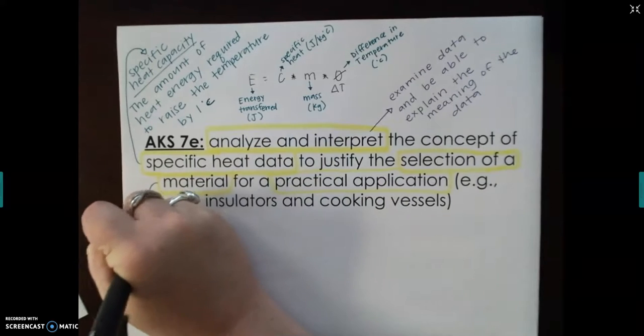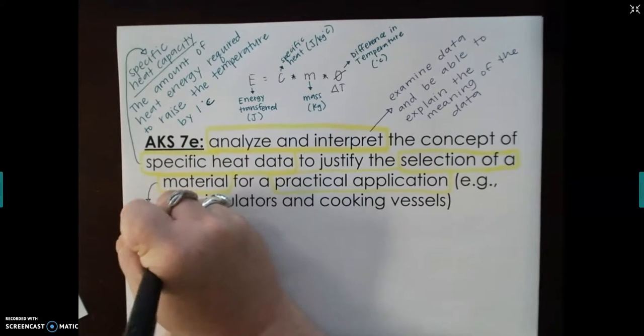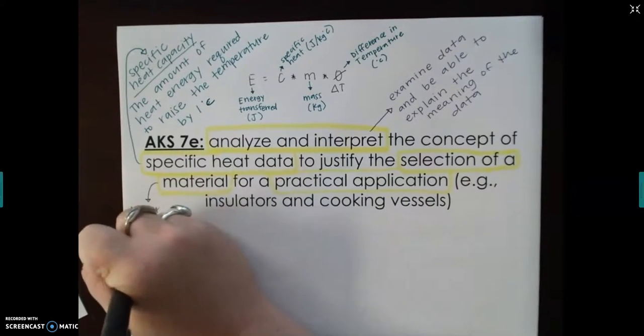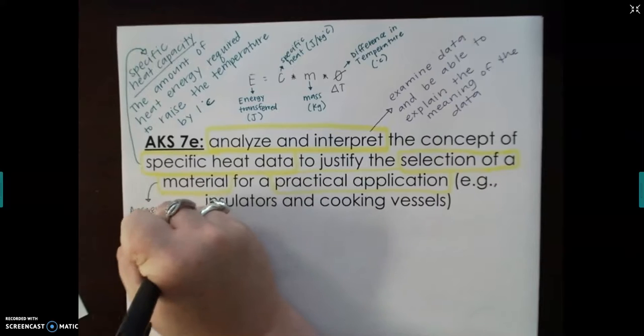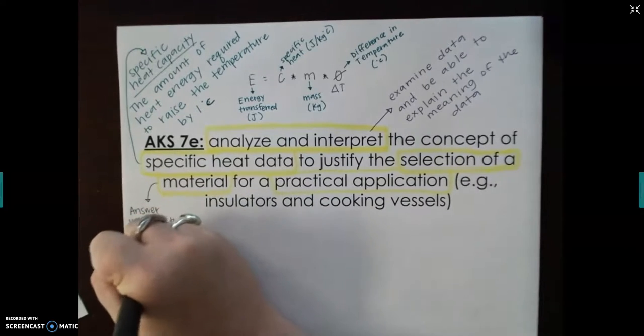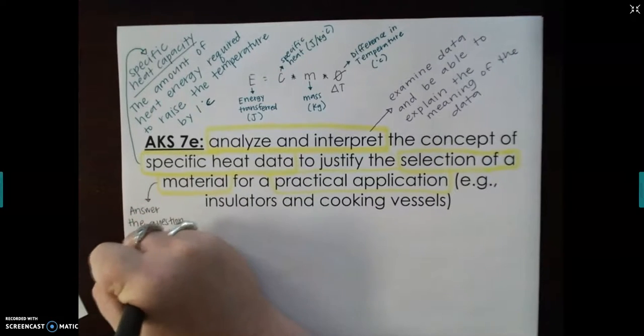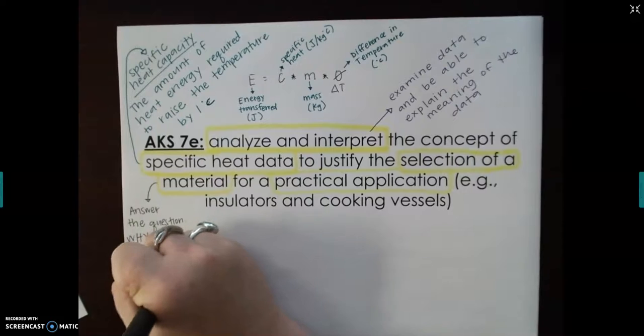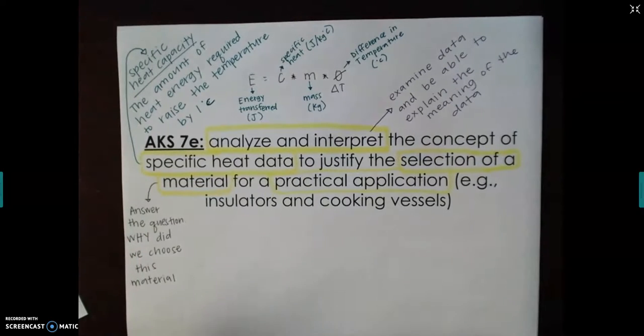Why did we choose this material? What about it made it the best for insulation or the best for conduction, depending on the case we're talking about? So we want to be able to make a selection and identify and defend why we've chosen that material.